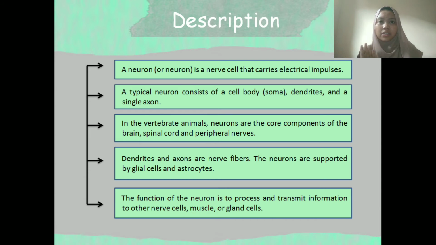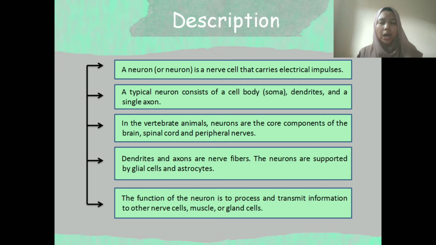It is a special conductor cell that receives and transmits electrochemical nerve impulse. A typical neuron has a cell body and long arms that conduct impulse from one body part to another. Dendrites and axons are nerve fibers.